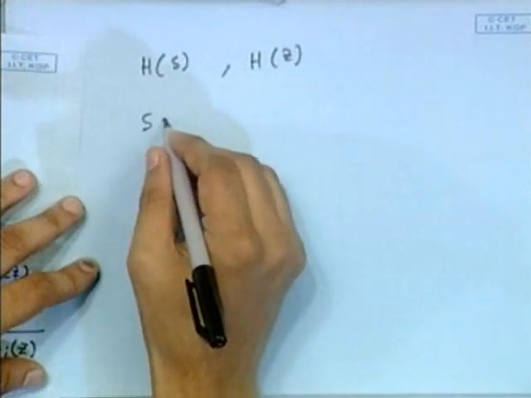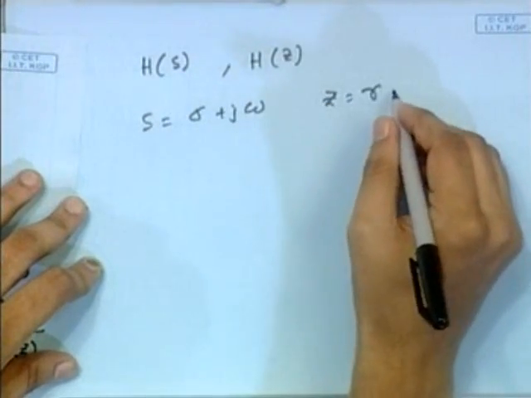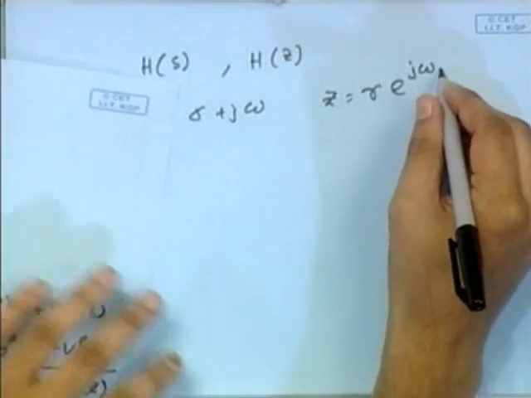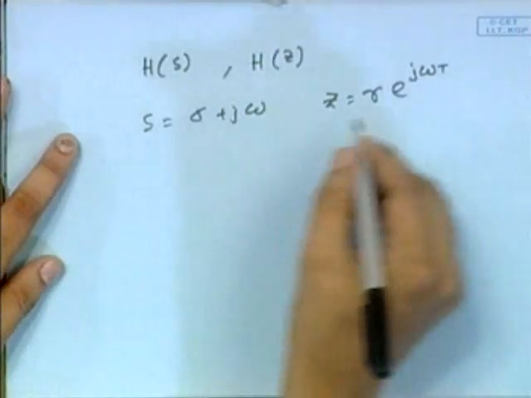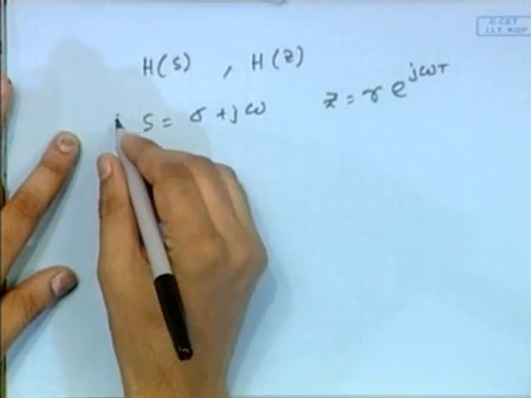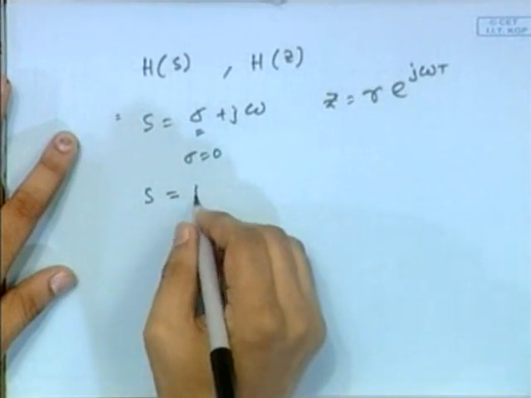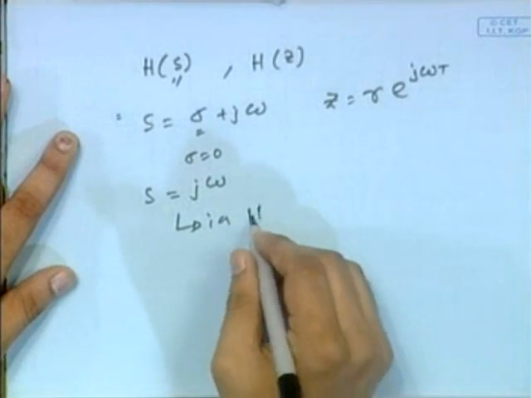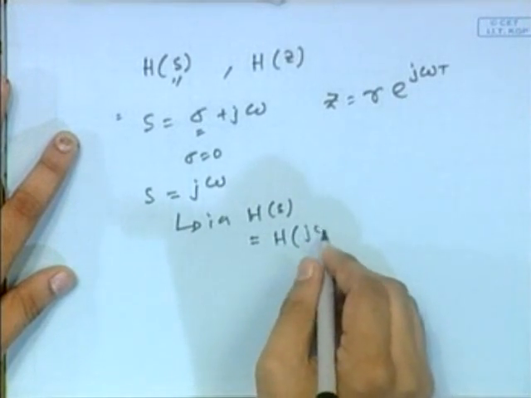Now S is equal to sigma plus j omega, and Z is equal to R e to the power j omega T. I hope so. To get the frequency response for a continuous-time signal, we make sigma equal to 0 and put S equal to j omega in H(s), making it H(j omega).